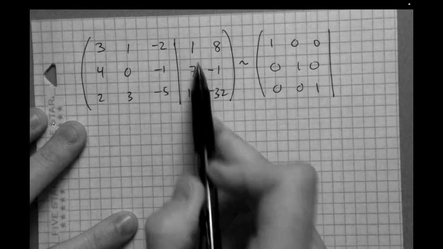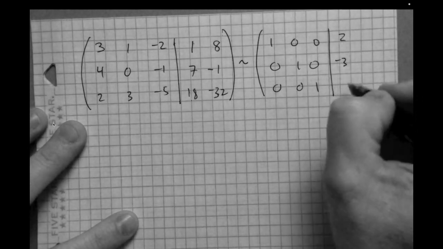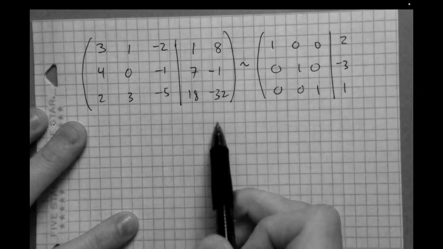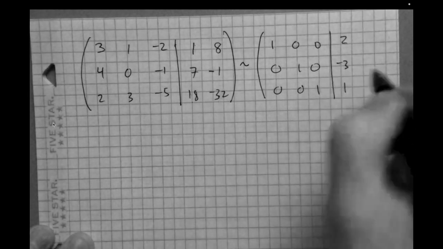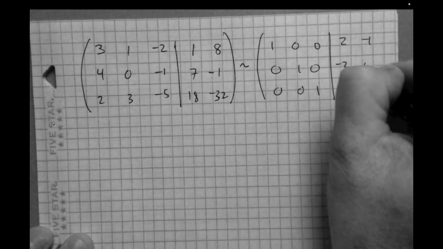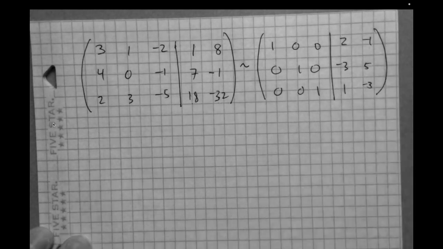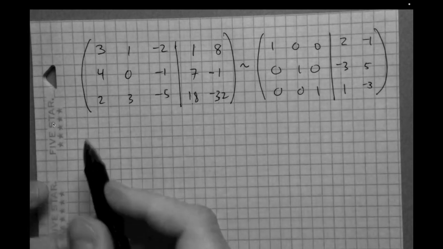And this column, 1, 7, 18, gets converted into 2, negative 3, 1. And this other column gets converted into negative 1, 5, negative 3. So you could accomplish this by doing one set of row operations rather than multiple sets, and you could read the solutions directly off of this.